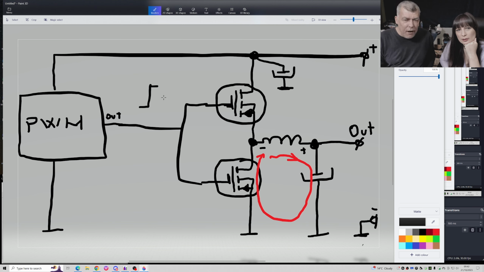So when the signal is high, what will happen? This MOSFET will drive the power, right? But also this MOSFET will drive the power. Basically, you short the power supply. So when it is high, both MOSFETs will drive the power. That means you short exactly the plus line with the minus line.